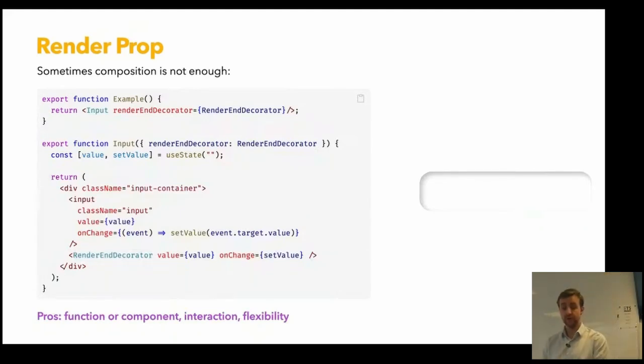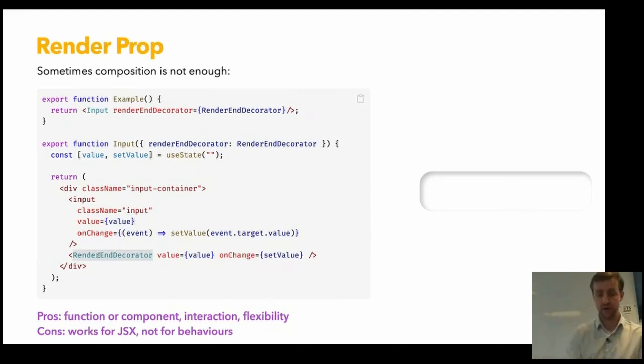So the pro of this one is that you can pass a function or a component, so a lot of flexibility, interaction between the parent and the child, and it really works with the JSX. However, it doesn't work very well for behaviors because it's still a component. You render a component, so it's mostly done to render something. It's not to add an extra behavior to the input.